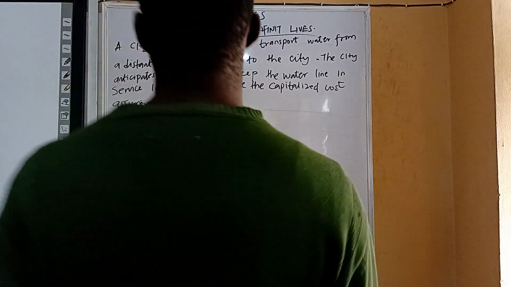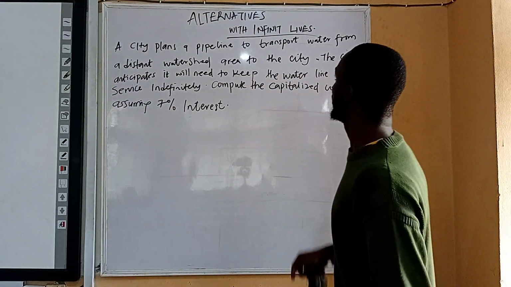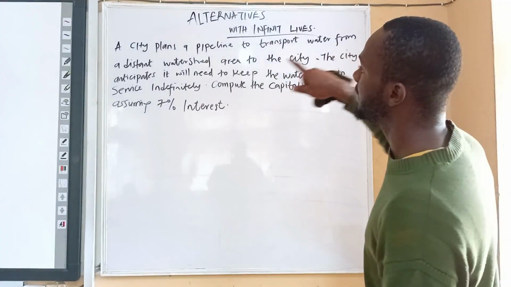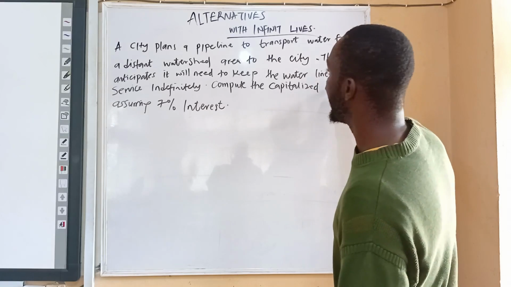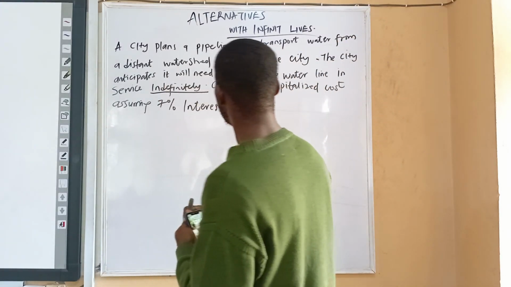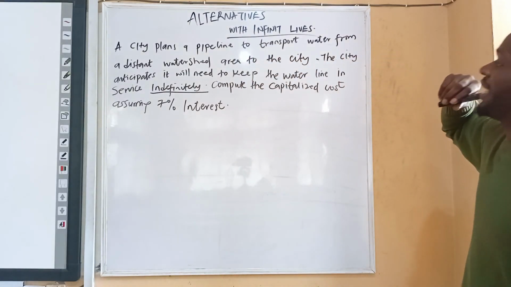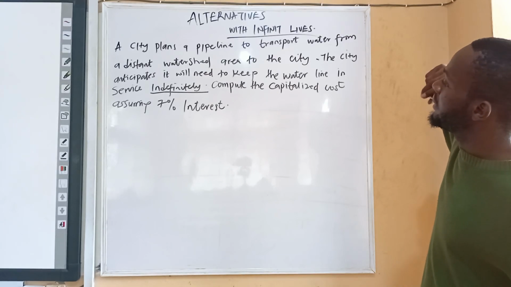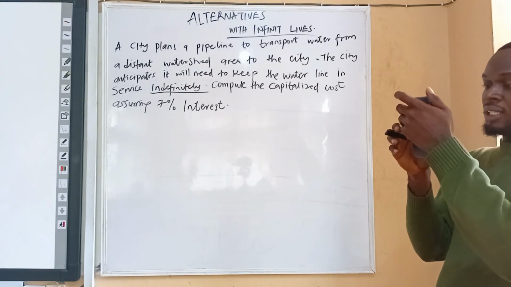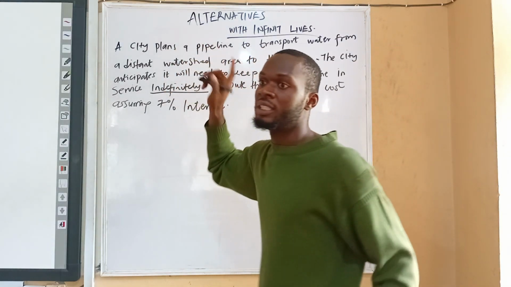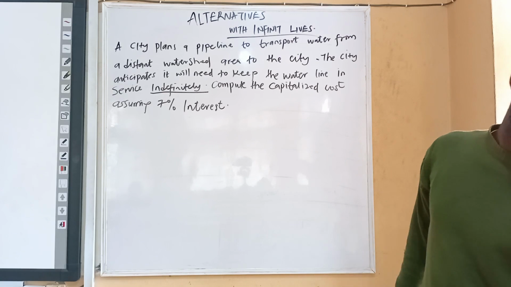A city plans a pipeline to transport water from a distant watershed area to the city. The city anticipates that it will need to keep the water line in service indefinitely. You have to compute the capitalized cost, assuming a 7% interest rate. This capitalized cost is the cost that will keep this pipeline running indefinitely.